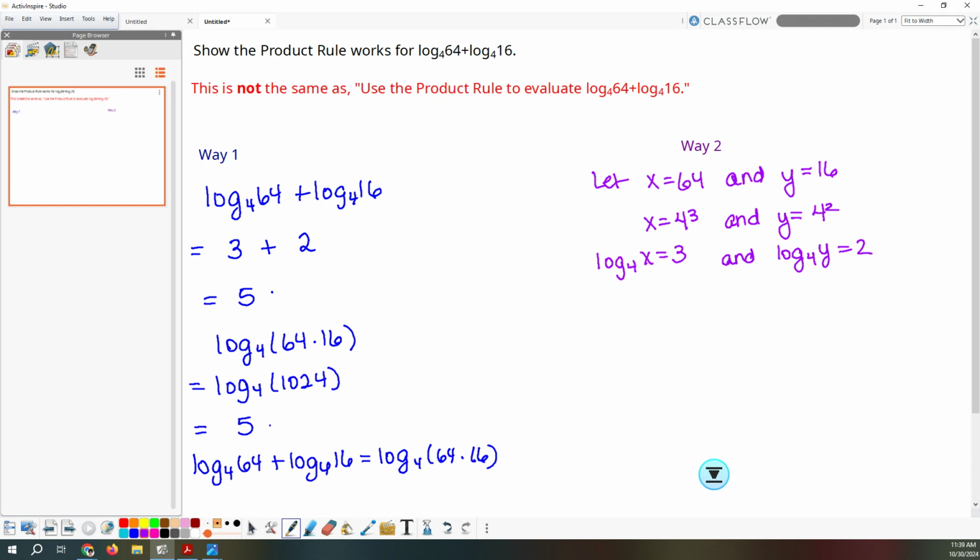Now let's multiply x and y. X, we said, is 4 cubed. Y, we said, is 4 squared. So we have two powers with the same base being multiplied. That means we're going to add the exponents.